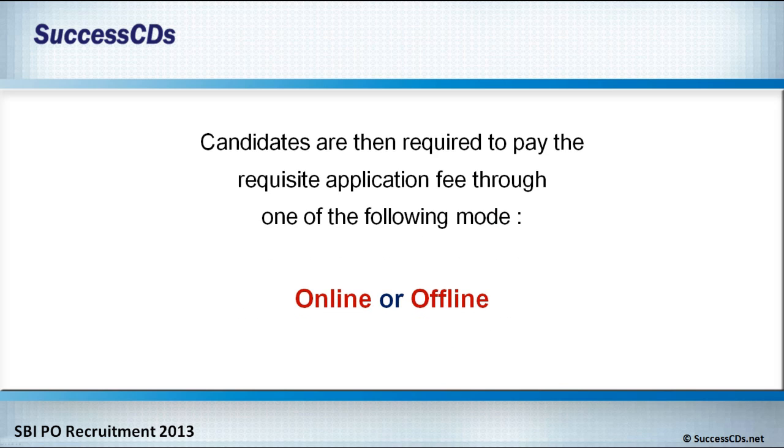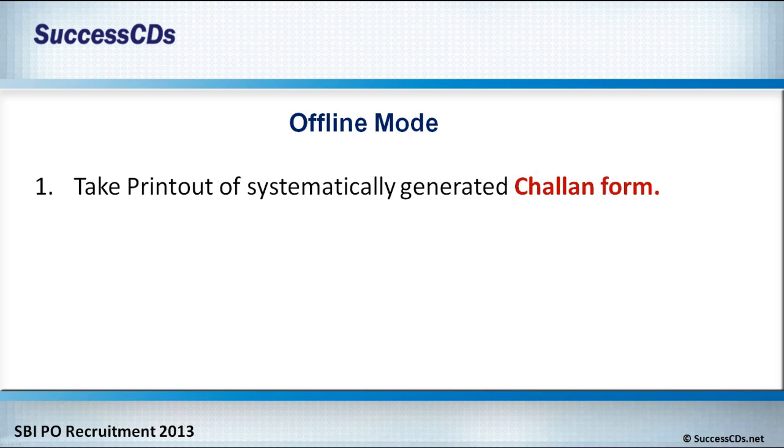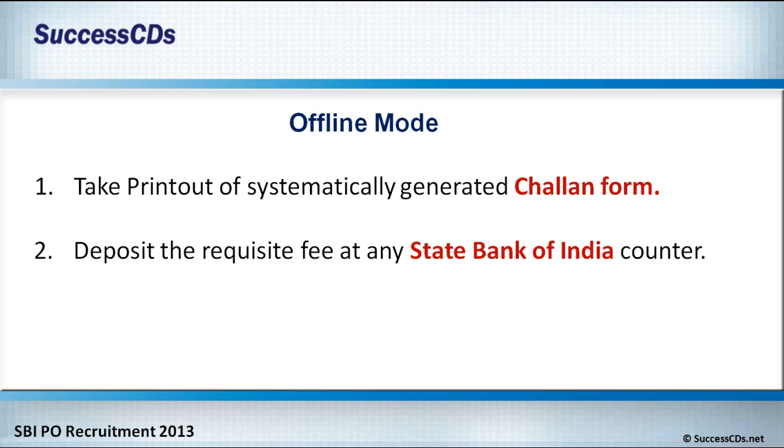Once you apply, candidates are requested to pay the requisite application fee through one of the following modes. You can pay the fee either in the online mode or offline mode. For offline mode, you need to take a printout of the system-generated challan form and go to the nearest State Bank of India branch and deposit the requisite fee.